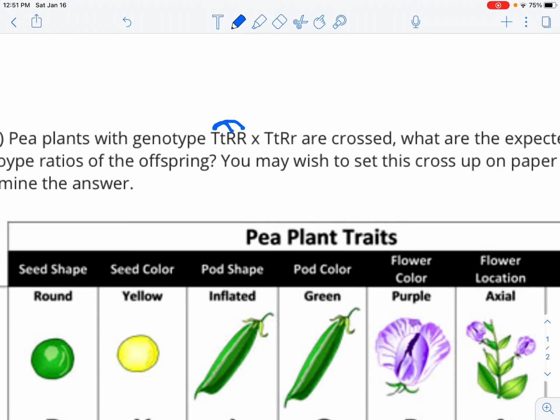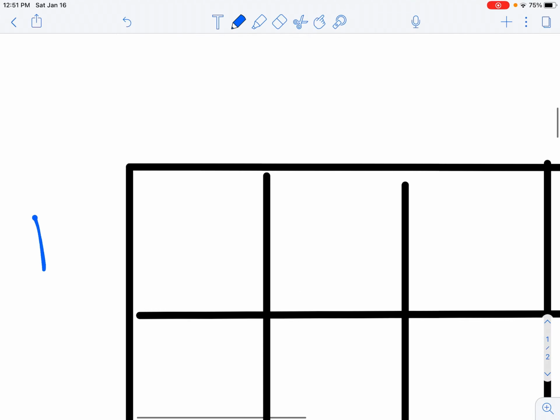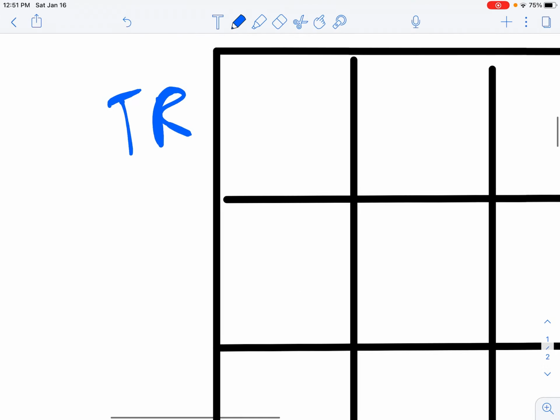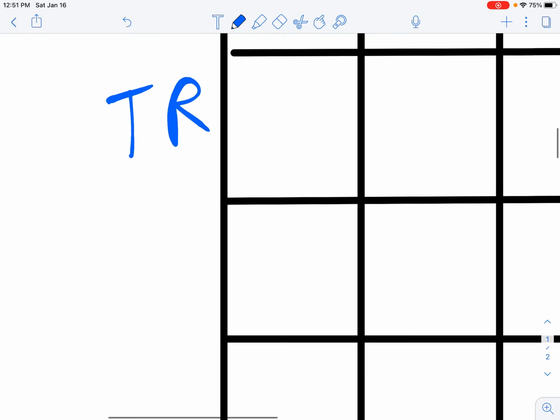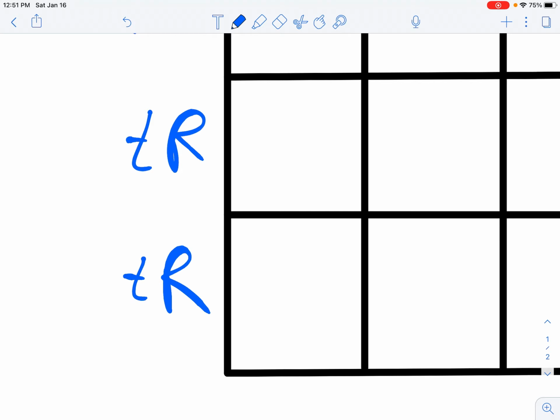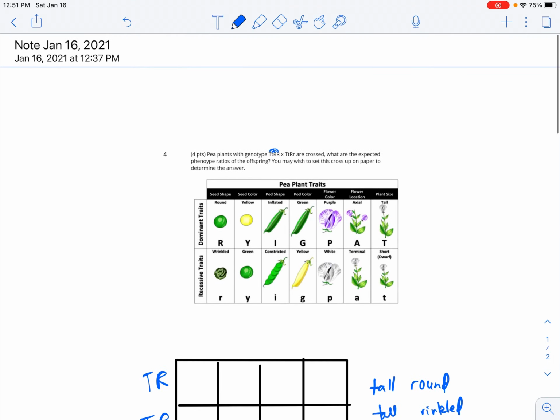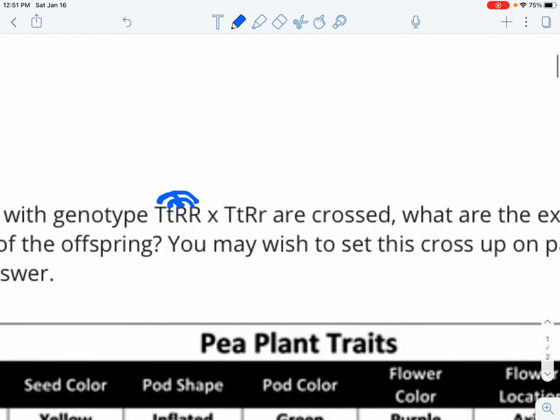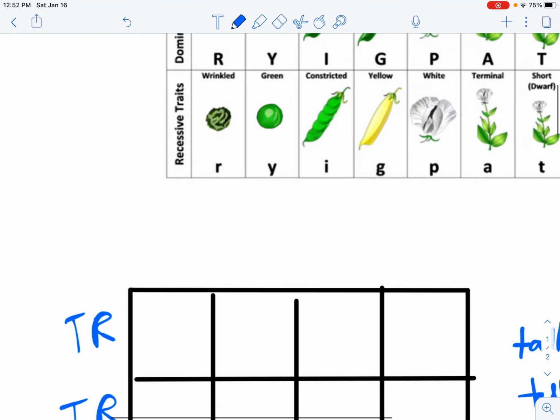So we might get big T, big R, big T, big R, or little t, big R, little t, big R, times big T, big R, big T, little r, little t, big R, little t, little r.